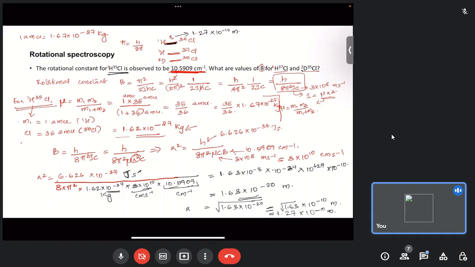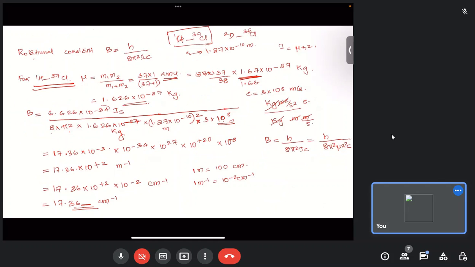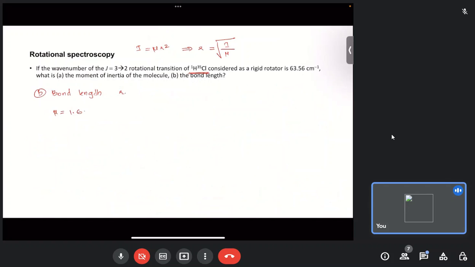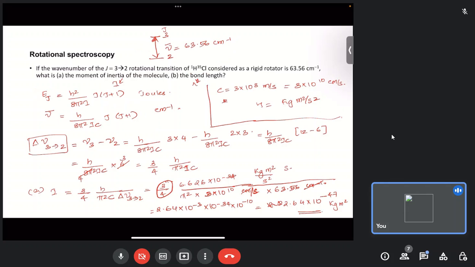So it is 1.62 into 10 to the power minus 27 kilograms. And the I value is 2.64 into 10 to the power minus 47.